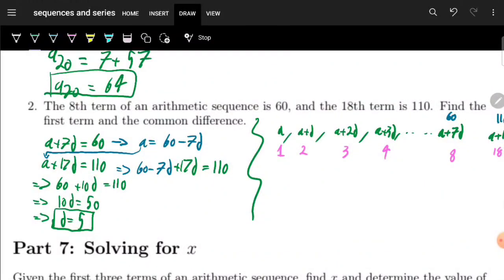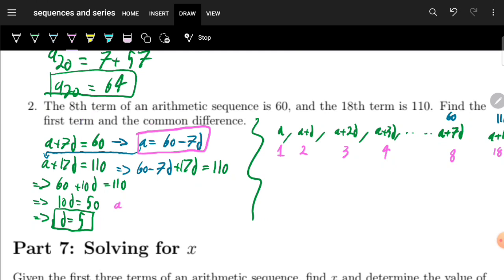And what is the first term? Well, we can plug in d into this equation, or this equation, or this equation, and solve for a. So I will just plug it into this one, which is just a rearranged form of our original equation, and solve for a.